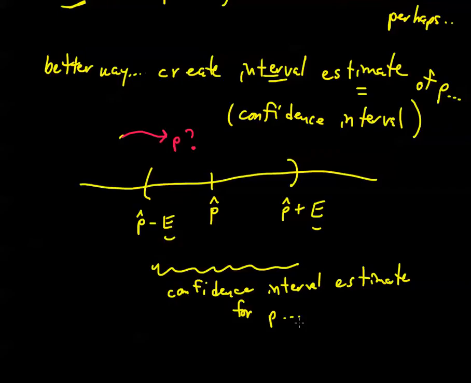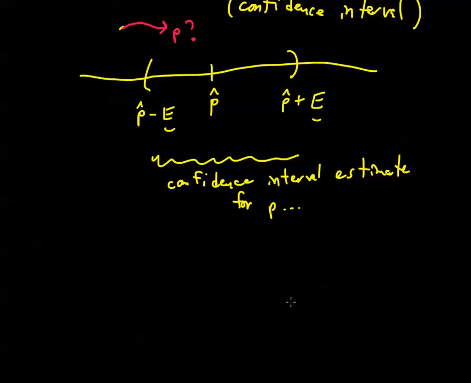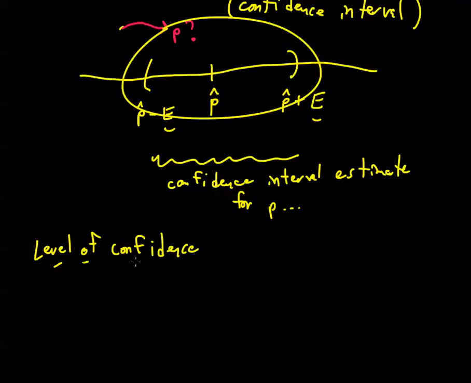Let's get some terminology down here. Level of confidence. How strongly do we want to be assured that little p falls in the above range? That is determined by what we call a level of confidence, which is defined as 1 minus alpha.